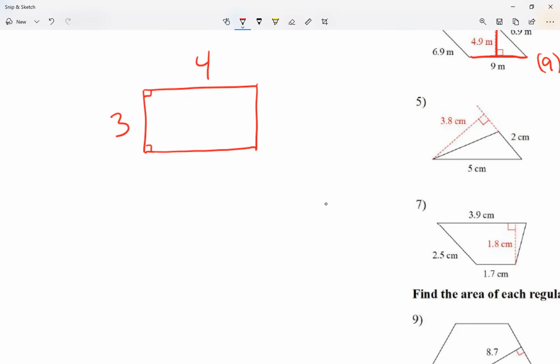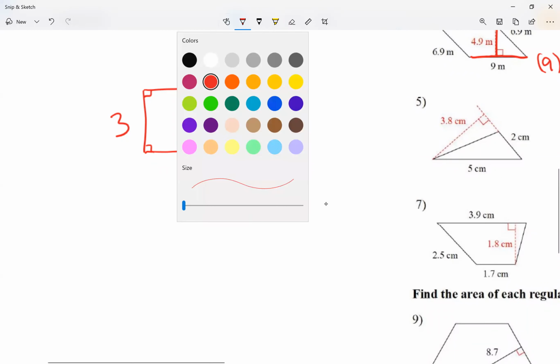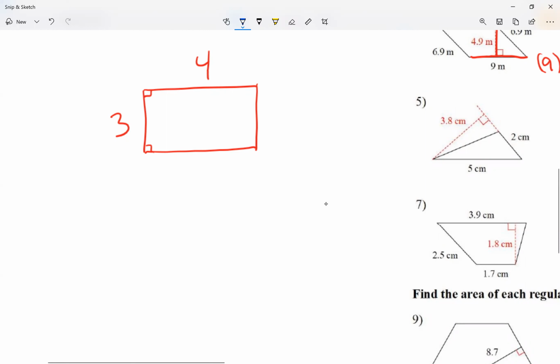Interesting part is that if I was to cut my rectangle in half, I know the whole rectangle is 12. Because I cut it in half, I'm going to say this half is 6 and this other half is 6. The interesting part is that half of a rectangle is what we call a triangle.